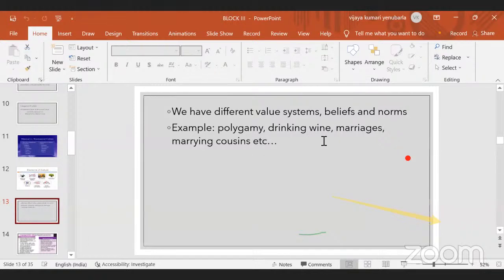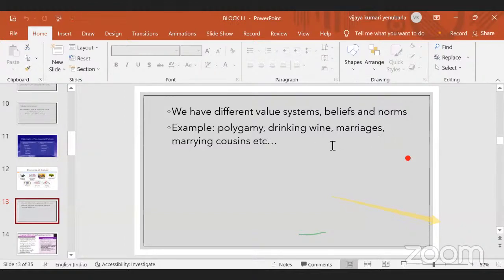Drinking wine. In Telangana, drinking wine is not a taboo. Even women drink. But if you go to any other area or any other culture of Andhra, only men will drink, and that too, it is not a socially enjoyable or reputed practice.